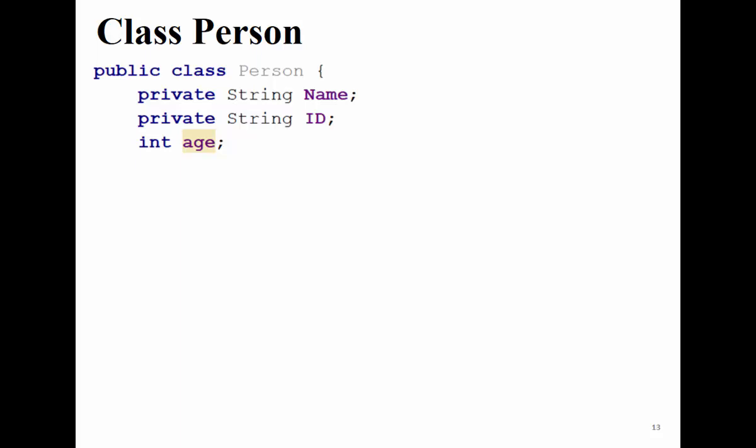How can we create an object from this class? We have to use new. But as a developer, we have to provide the constructors in our implementation to be able to use the new keyword to create an object from this Person class.